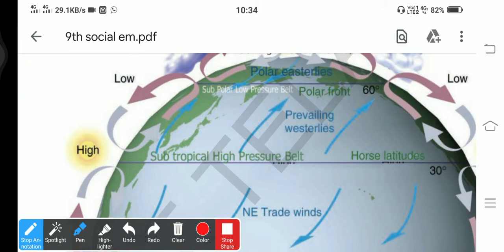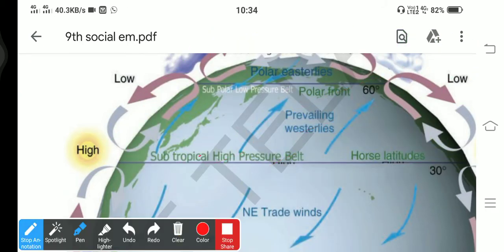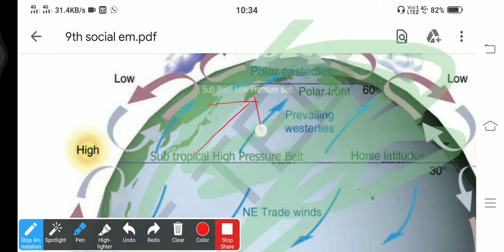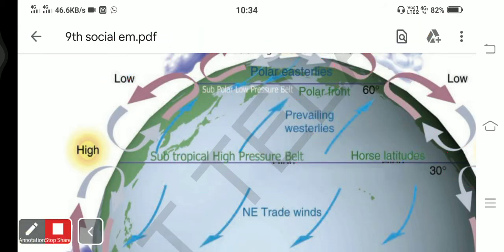So winds blowing from the subtropical high pressure belt to the subpolar low pressure belt, those winds are called westerlies. We call them westerlies. Understand?